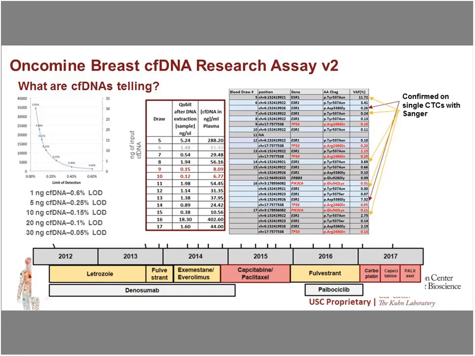But we don't have the plasma for draw 3, so we don't have a plasma result. But at the single-cell level, that particular ESR1 mutation was detected as early as draw 3, which is the first blood draw in 2014, still on fulvestrant treatment. But after that, she no longer responded to that treatment.